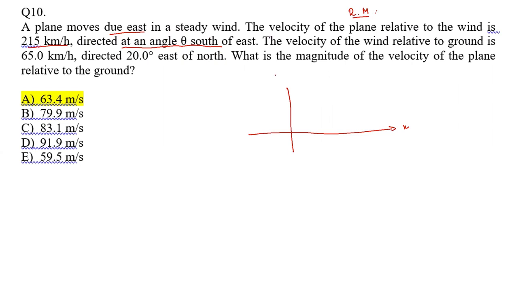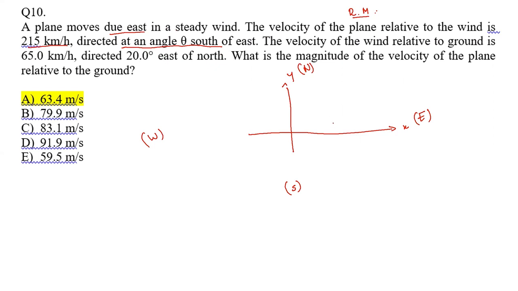This is my x-axis, this is my y-axis: east, north, of course west, and south. So the plane moves due east in steady wind. Basically, you know that the plane wants to go in the positive x direction.